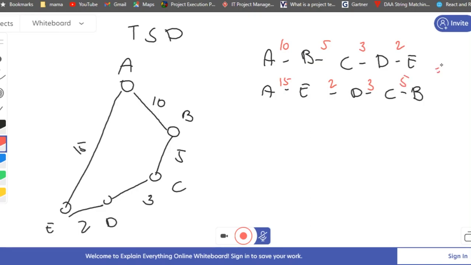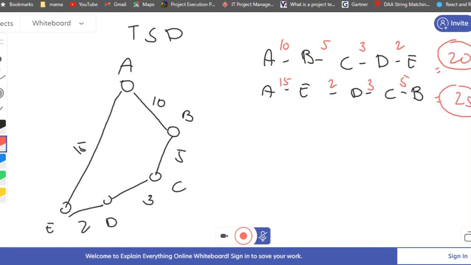So, 10 plus 5, 15, plus 3, 18, plus 2, 20. So, 20 in total distance ng first path. And then, 15 plus 2, 17, plus 3, 20, plus 5 equals 25.